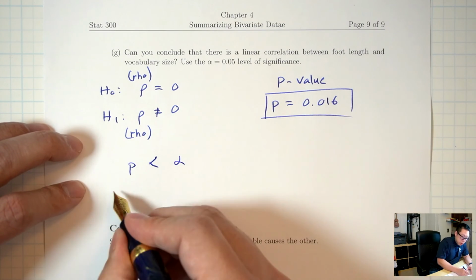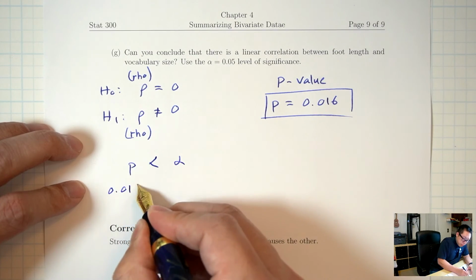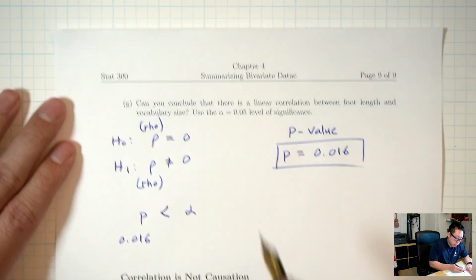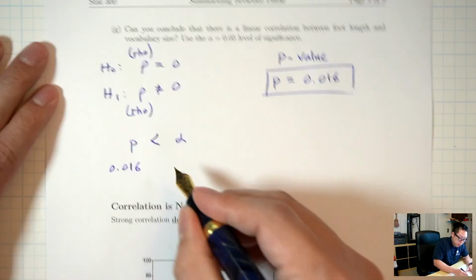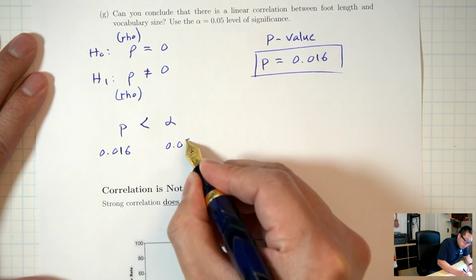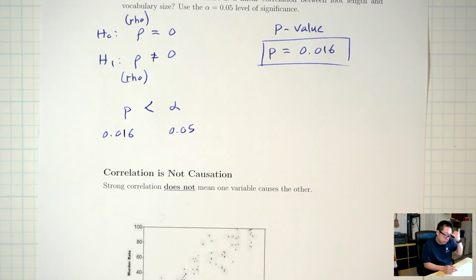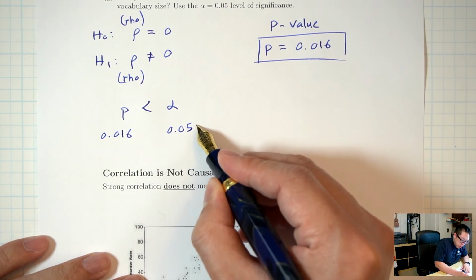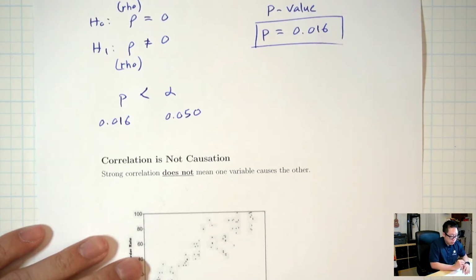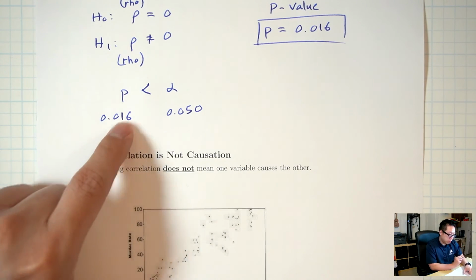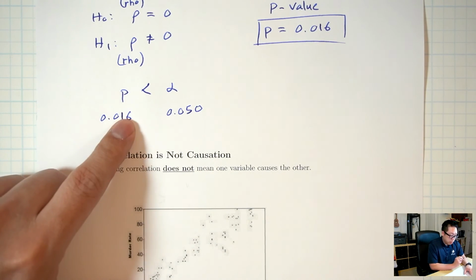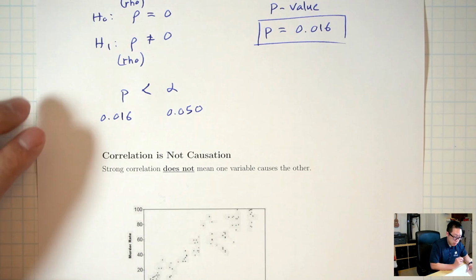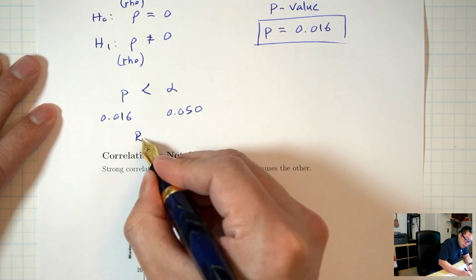Our p-value is 0.016. Alpha for this problem is 0.05. If you need to, add some zeros so that it matches the number of decimal places. Now let me add on a 0 to the alpha here. This is really just saying 16 versus 50. P-value is less than the alpha, so this is going to be a reject.